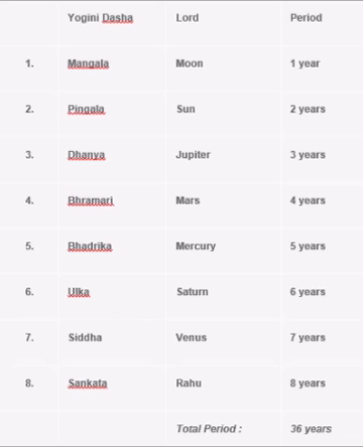As we know, there are 4 yugas: the Krita or Satyuga, the Treta Yuga, the second yuga, the third was the Dwapar Yuga, and today's day and age is Kali Yuga.